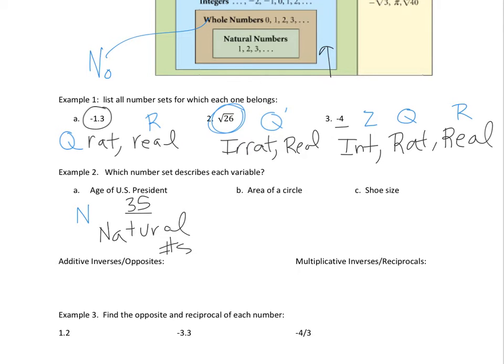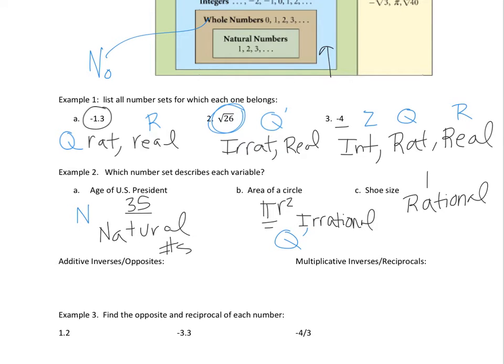Area of a circle is using the formula pi r squared. So because of that, pi is an irrational number, this is an irrational number. So irrational numbers are Q prime. And then a shoe size, you can have half shoe sizes, so they're going to be the rational numbers.